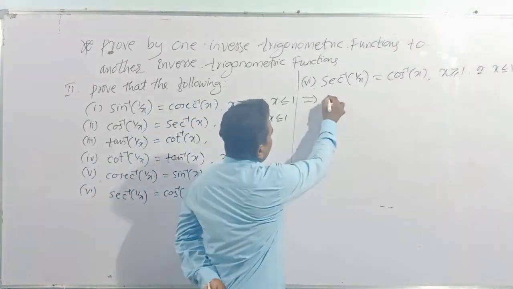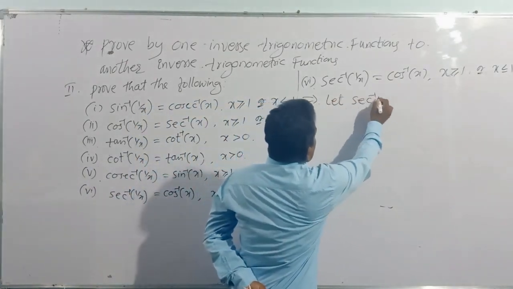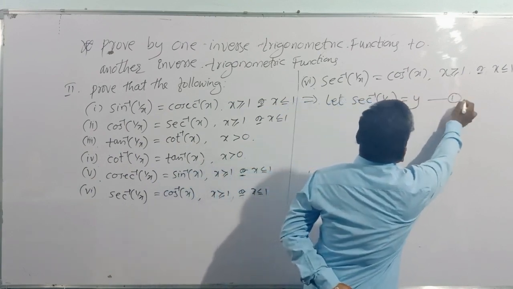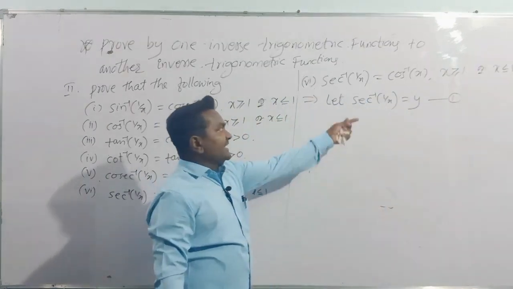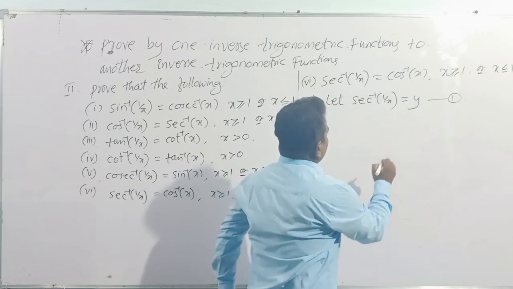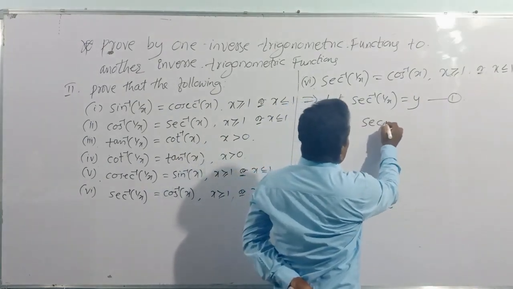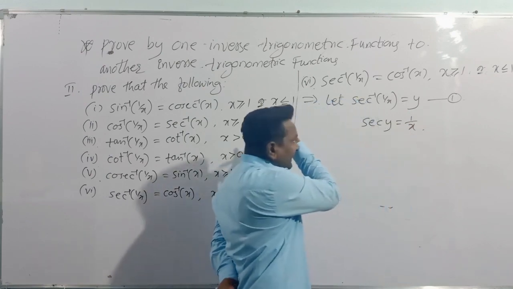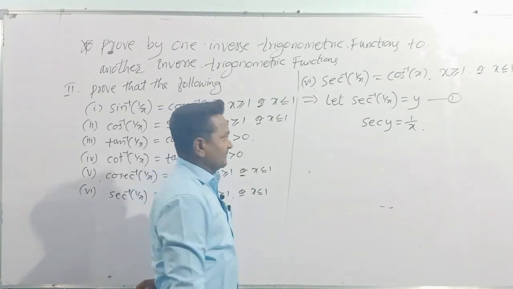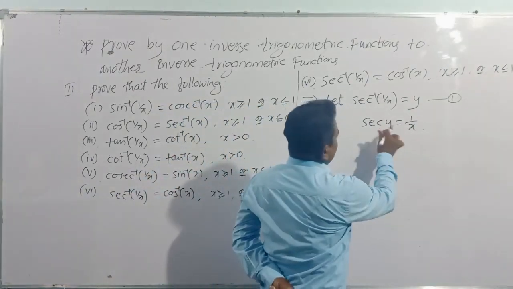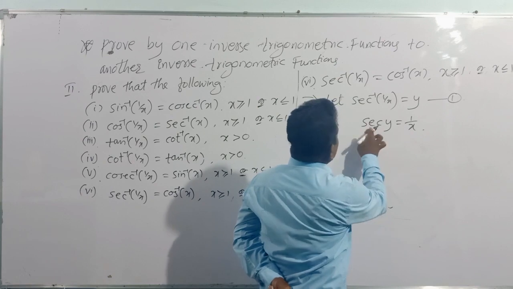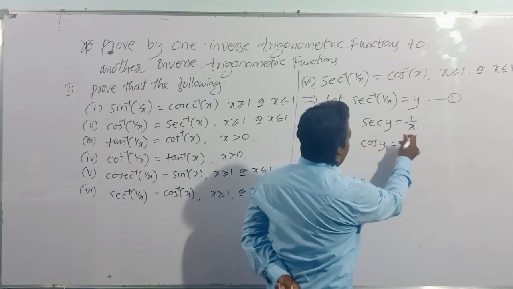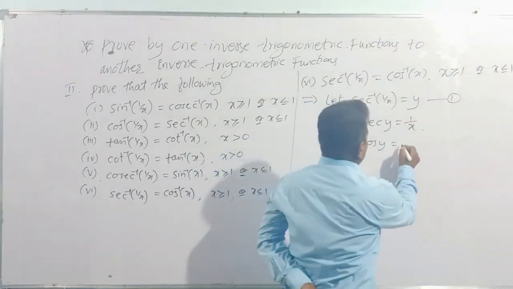Let sec inverse 1 by x is equal to y. Take it as equation number 1. Now same case, this sec inverse move right hand side, it becomes sec y is equal to 1 by x. Now taking reciprocals on both sides, what will we get? Reciprocal of sec y is cos y and reciprocal of 1 by x is x.